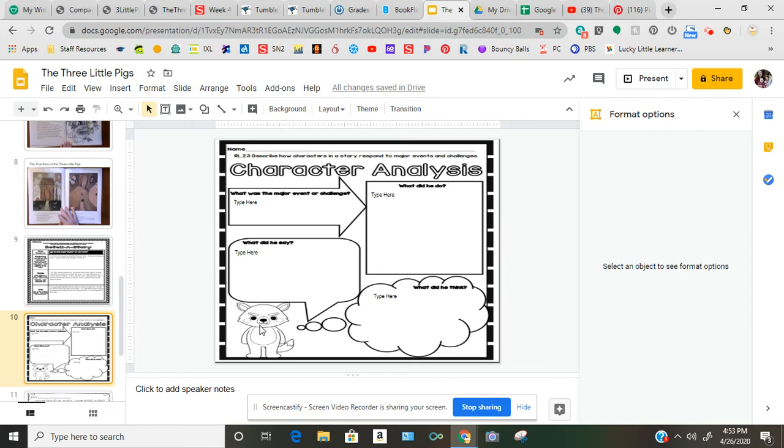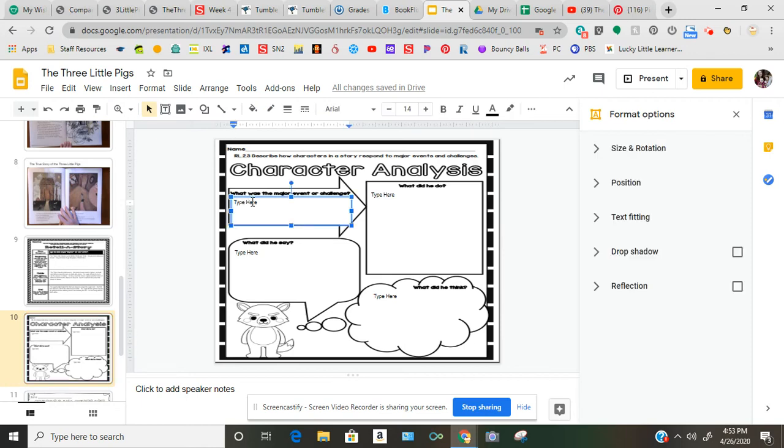Okay, so what was the major event or challenge for the eagle? You know what? No. The main event was he was trying to catch the dassies to eat them.